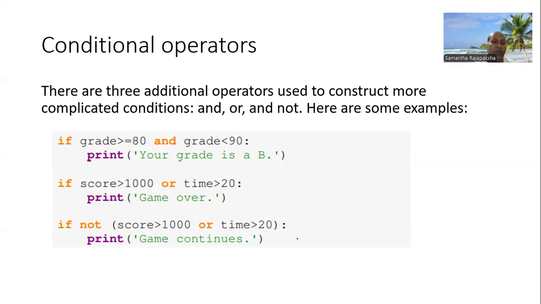The next one is score is larger than 1000 or time is larger than 20. Next one, if score is larger than 1000, not, or time greater than 20. You can use the and, or operators when you're working with these complex conditions.